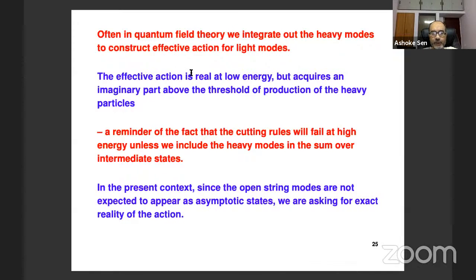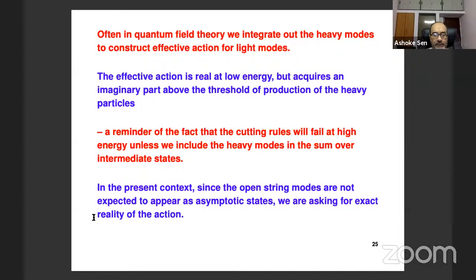Above the threshold, it becomes complex. And this is simply a reminder of the fact that the cutting rules will fail at high energy unless you include the heavy modes in the sum over intermediate states. So if you have constructed an effective field theory, you have integrated out certain modes, then by not including them in the sum over final states, you will violate the cutting rules.